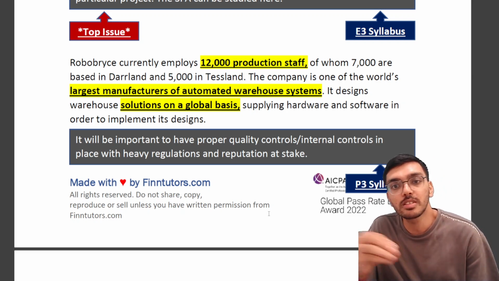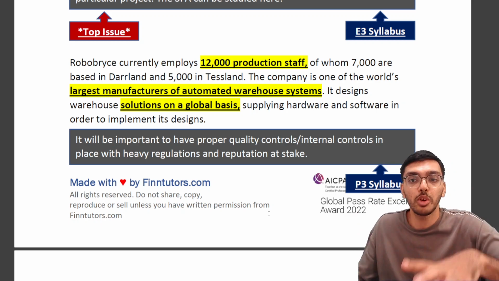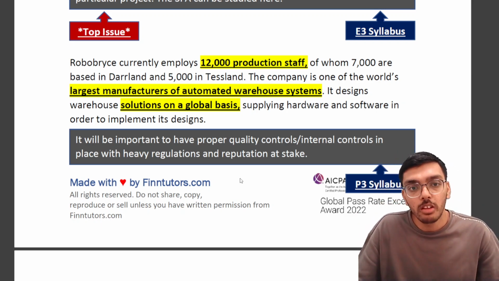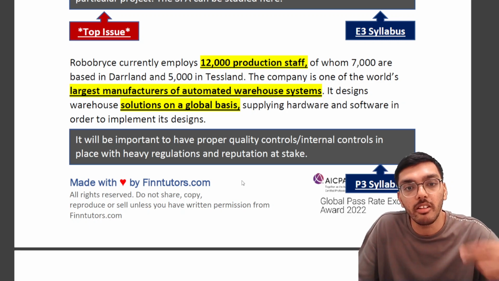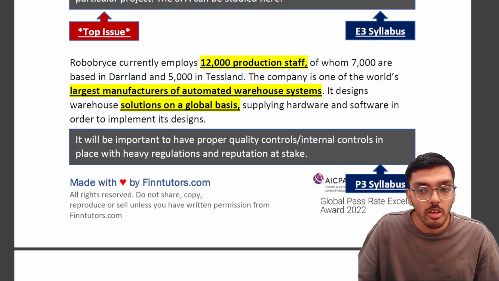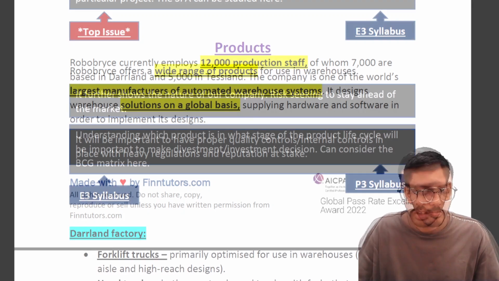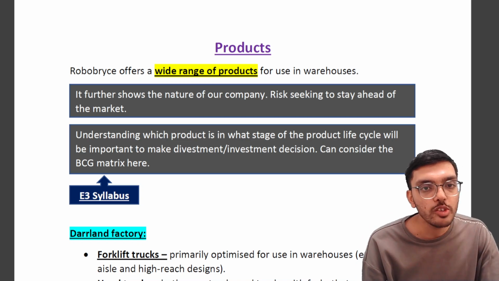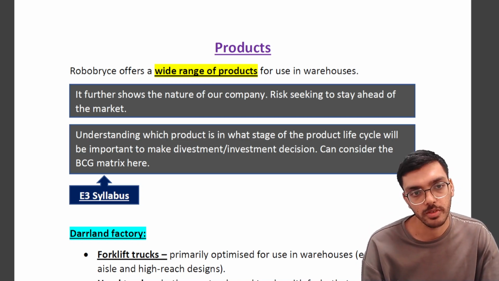If they ask us for solutions, if they ask us for equipment, we are happy to provide the same. So something to keep in mind in terms of regulations and reputation, which is at stake over here. Now to my products. So Robobryce offers a wide range of products for use in warehouses.